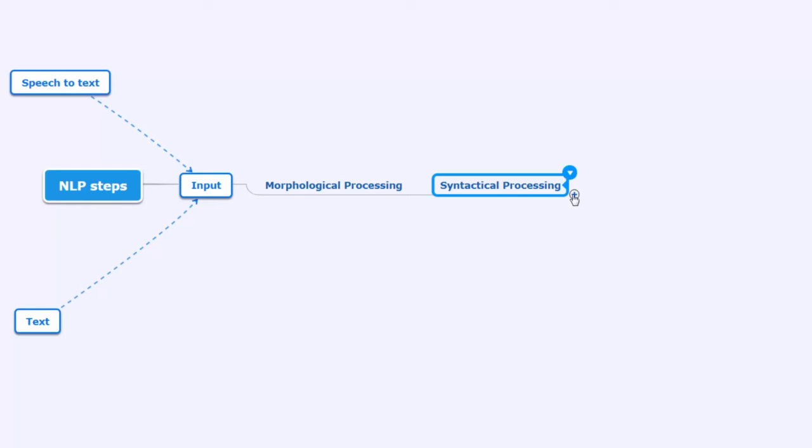The next step in order is called as the semantic processing. Now, this is where we associate meaning to words and sentences. This stage is a highly complex subtask and has many approaches and is mostly domain specific.